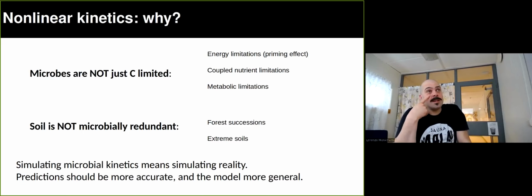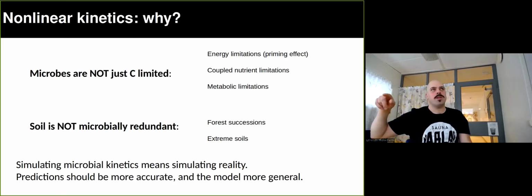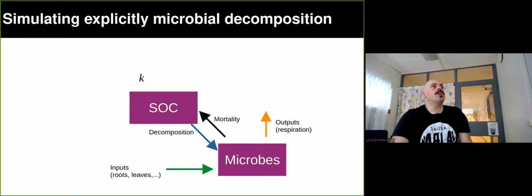And we find sometimes some cases where this doesn't work. If you put in microbial kinetics, representing microbes instead of that just simple equation, we know that microbes are moving the whole thing. So why shouldn't we simulate also microbes? And any experimentalist will tell you that predictions will be more accurate because we will have a more accurate model.